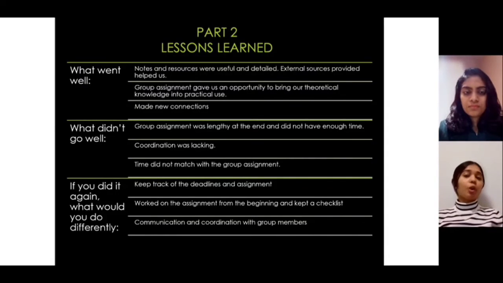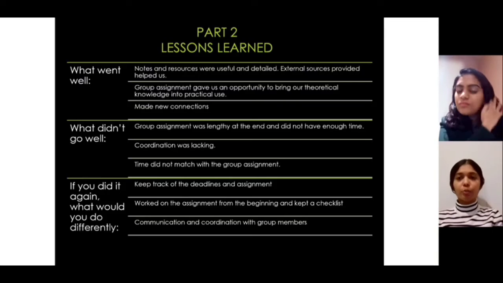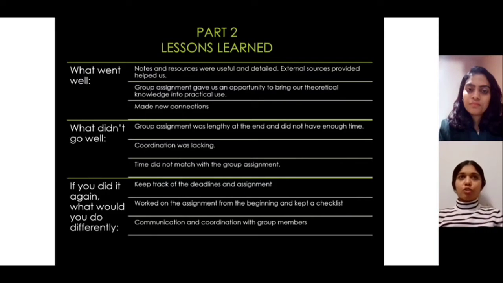Secondly, coordination was lacking in our group. Our times didn't match, we couldn't set up group meetings on a regular basis, and we couldn't give priority to our group assignments because of our other commitments.